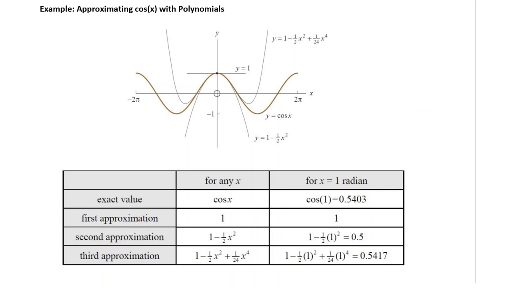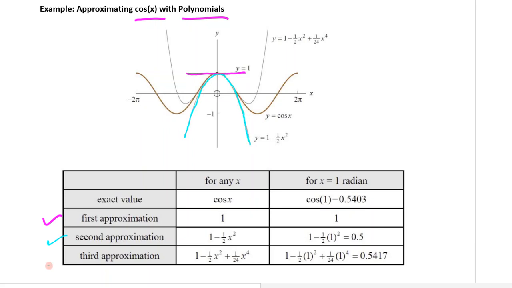Let's take a feel of what a function looks like in terms of a polynomial. So for cosine x, if we take a look at this graph and this table, the exact function is cosine x. If you take the first approximation, it's approximated by y equals 1. If we take the second approximation, 1 minus half x squared, we notice that it's approximated by a parabola.